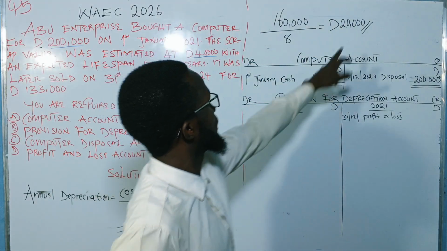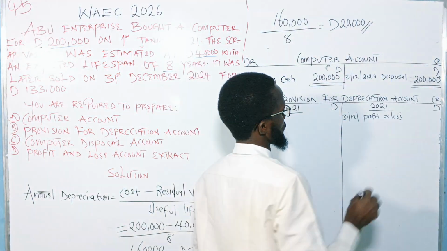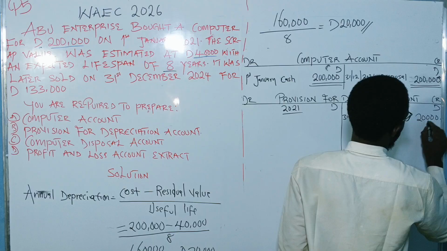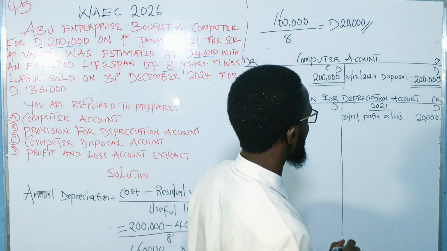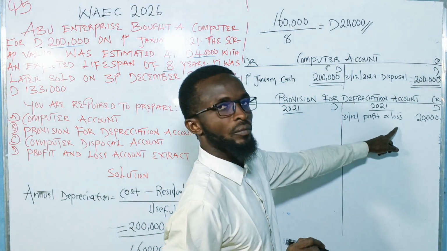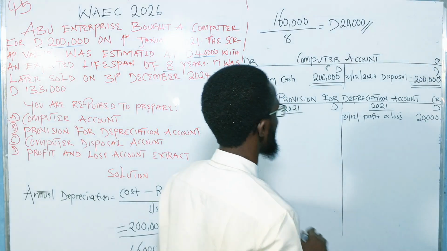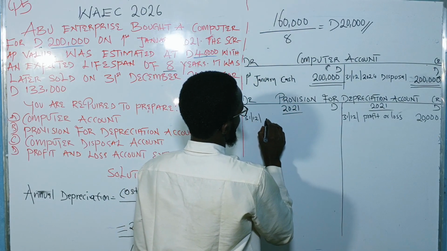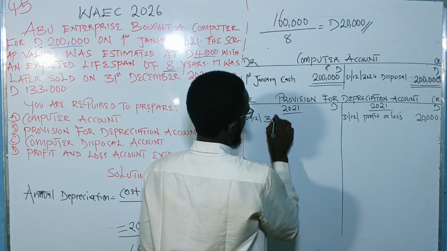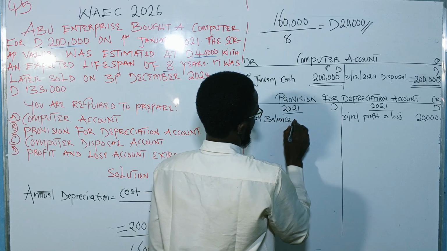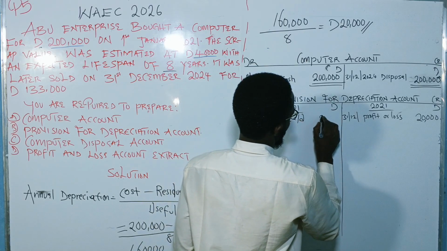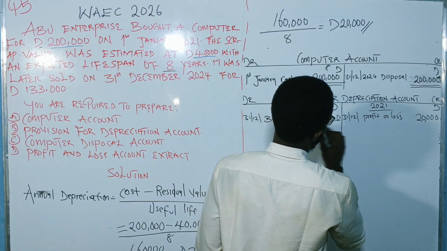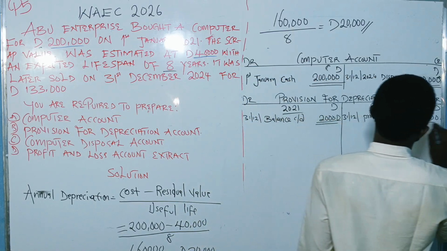We charge it here. So come and write 20,000 here. We are done with this. Then you bring this down at the end of the year as your balance c/d. 31st December, balance c/d, come on, write $20,000. Close the account here.